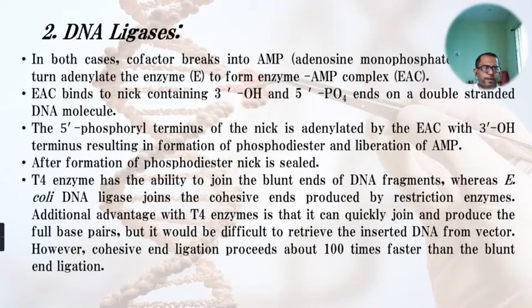Here, these cofactors are broken down to produce the AMP molecule, adenosine monophosphate, which in turn adenylates the enzyme to form an enzyme-AMP complex. This complex is generated by the breakdown of the cofactor into an AMP molecule, so the enzyme and adenosine monophosphate get combined and form this complex.